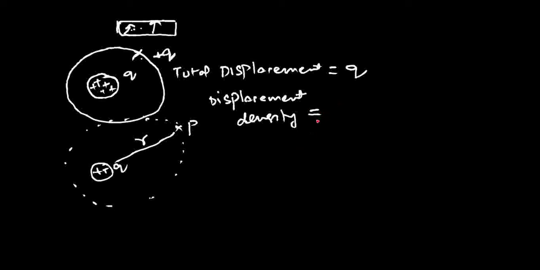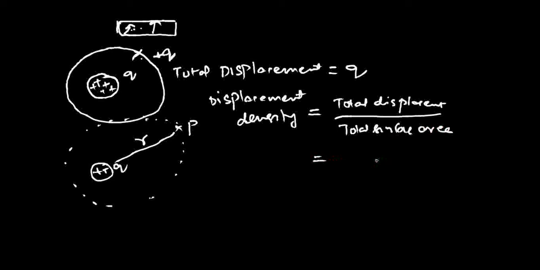Charge per unit length. What is surface charge density? Charge per unit area. What is volume charge density? Charge per unit volume. Similarly, displacement density is total displacement by the total surface area.